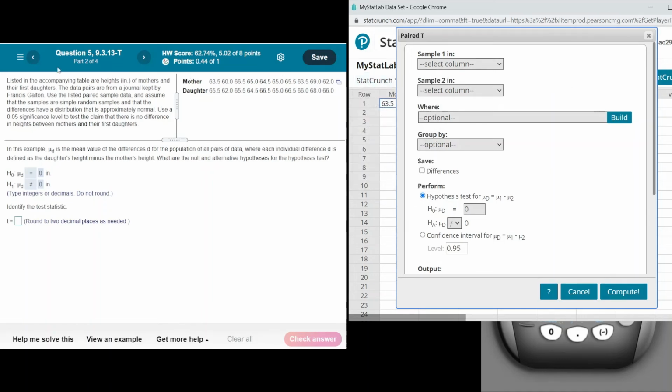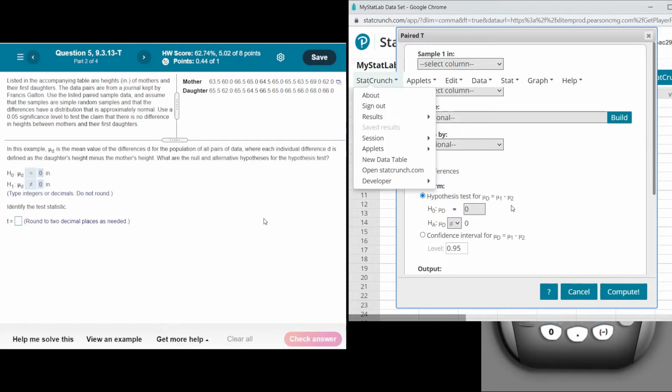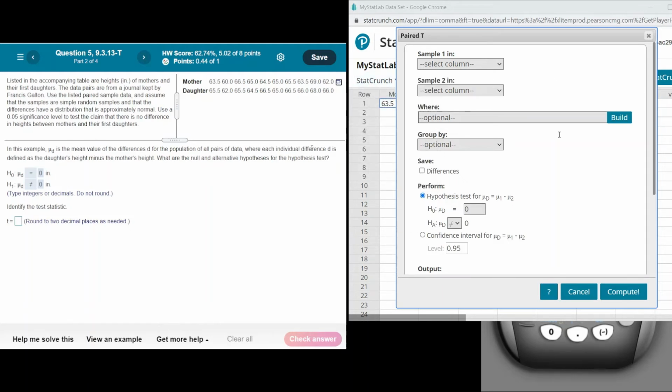Okay, so be very careful. I think they're doing M1 minus M2. So depending on what they want, that's what we're going to put. So let's go ahead and read how they define it. It says each individual difference D is defined as daughter's height minus mother. So it's always first minus second.